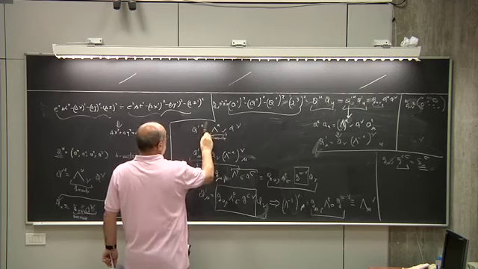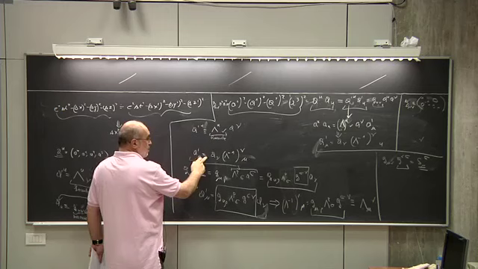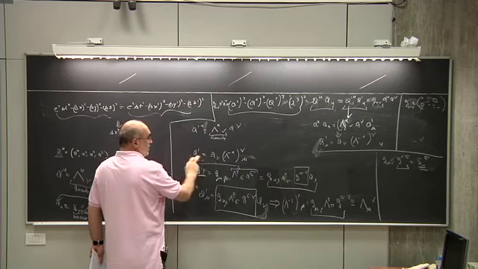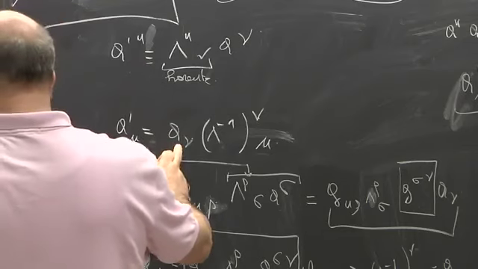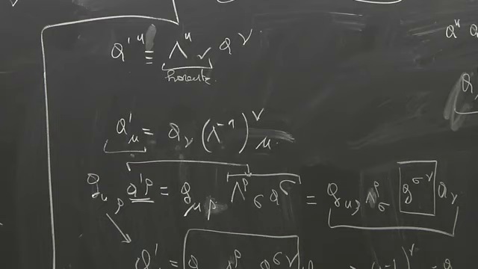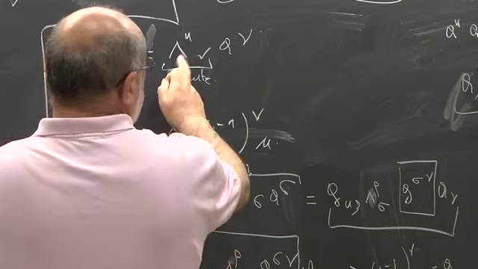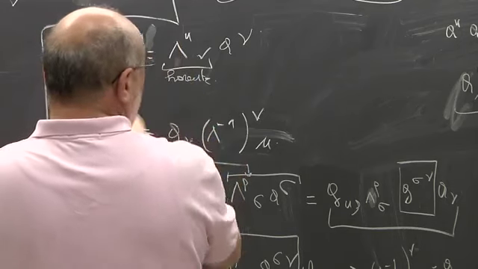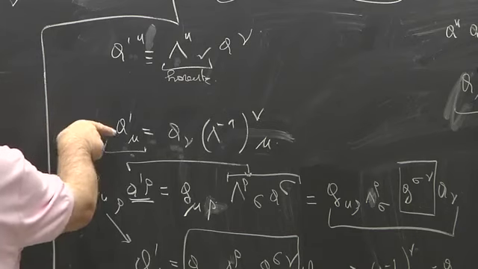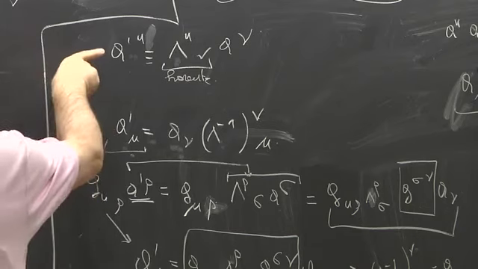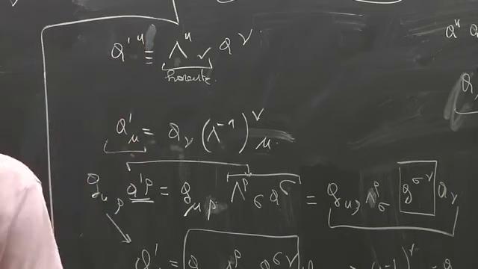So this is the question we want to answer: how does it transform? And the result we got, I don't go through the steps again, is that the covariant component of a vector, the one with index down, transforms in a manner that is the inverse of the one with which the contravariant one transforms.